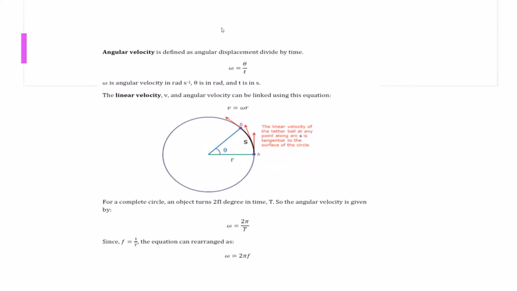For example, say this is a top view, like this is a round table, and you place a small object at the end of this round table, and you rotate this round table.